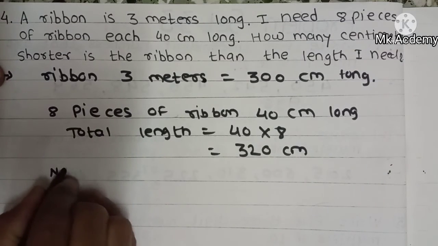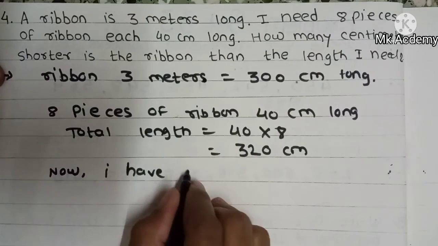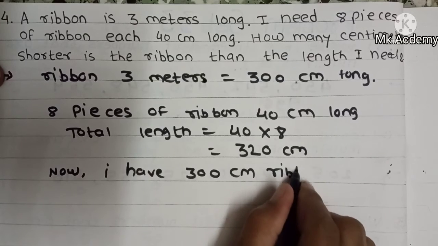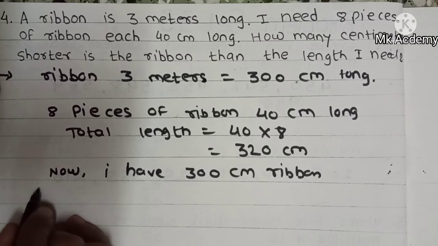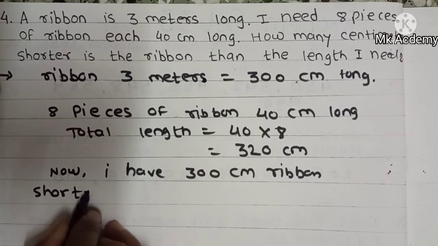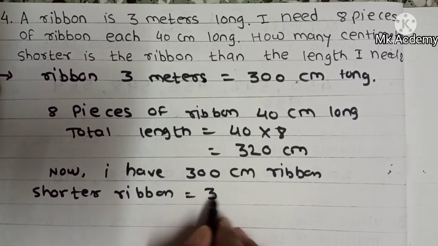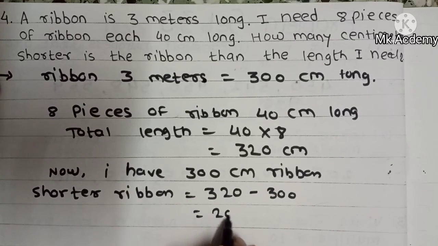Now I have a 300 centimeter ribbon. Shorter ribbon is equal to 320 minus 300, which is equal to 20 centimeters.